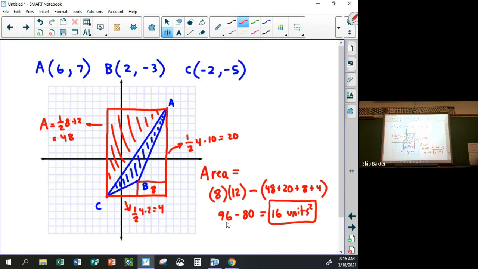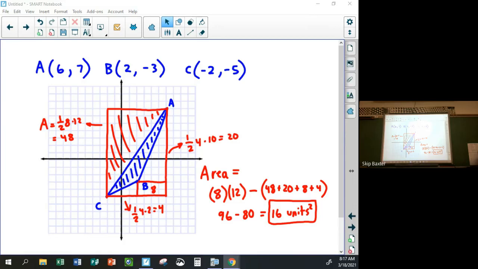So you definitely need some graph paper to do this assignment. I don't think it's a guided thing. I think they're just asking you the area and they don't give you any type of way to do it.